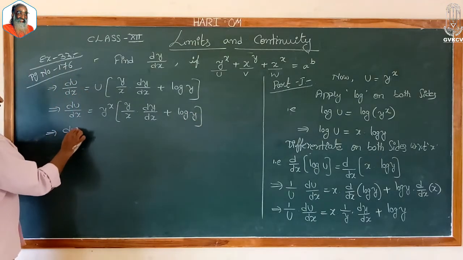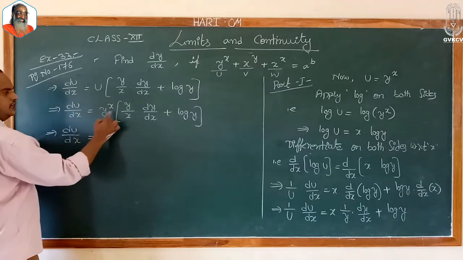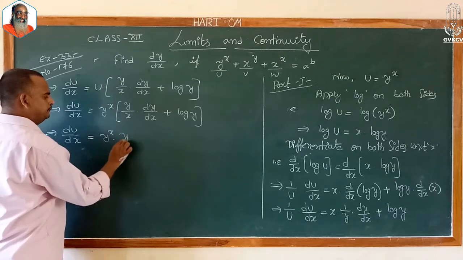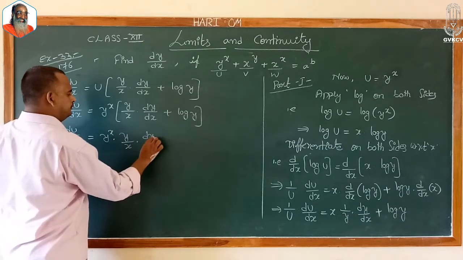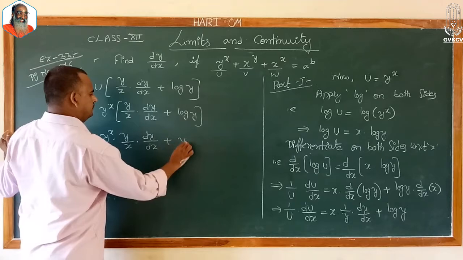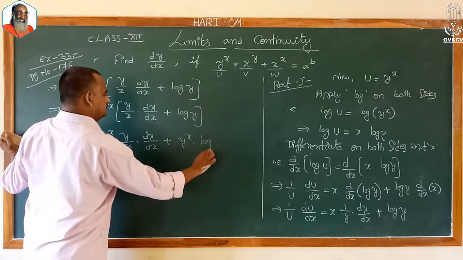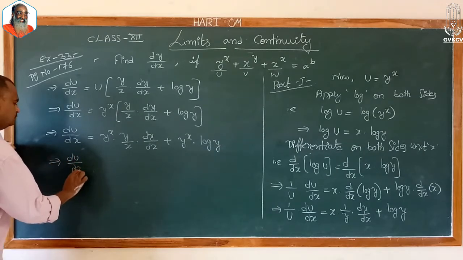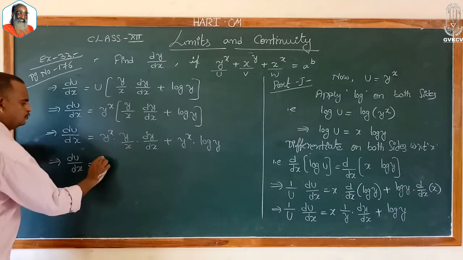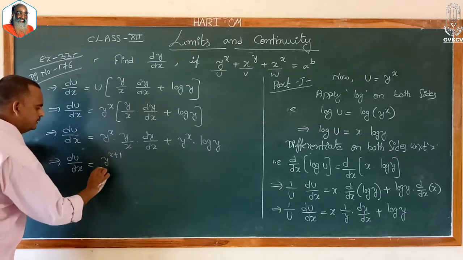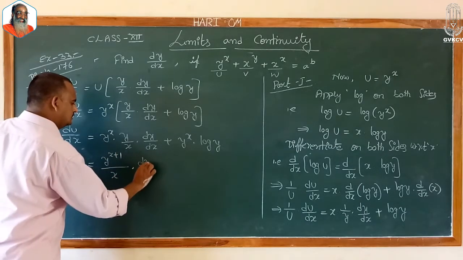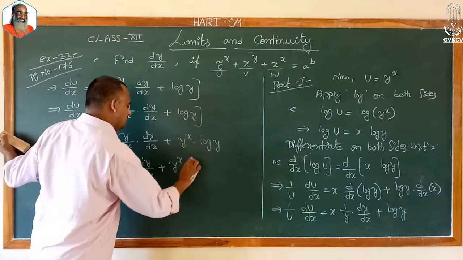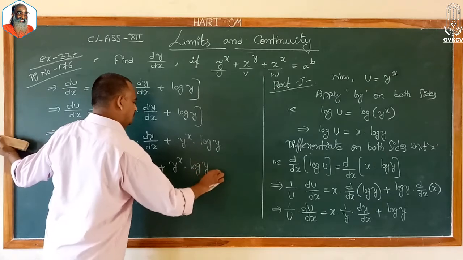That implies du/dx. Let us multiply y^x inside. So we have y^x into (x/y) dy/dx plus y^x into log y. That implies du/dx = y^x (x/y) dy/dx + y^x log y.